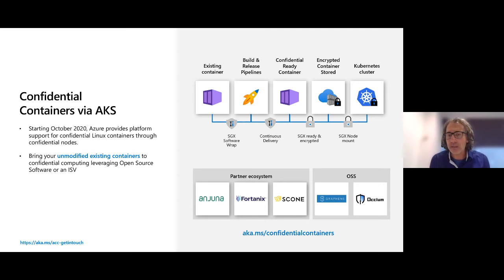So you can use partner solutions for bundling your confidential containers in Azure, or you can do it yourself. You can use a number of frameworks that exist in the open source space, like Graphene, Occlum, and there is a third one called Mystikos that has been published recently. So get in touch if you want to know a little bit more about how to do it.